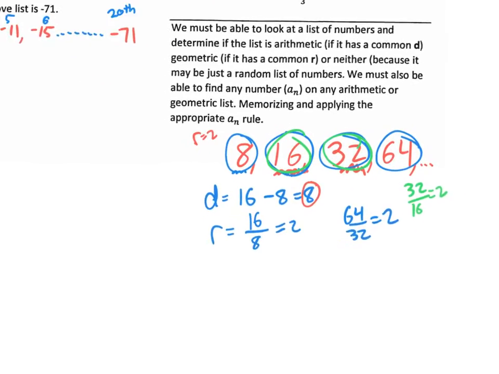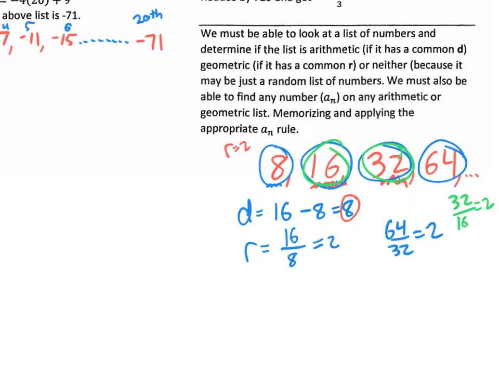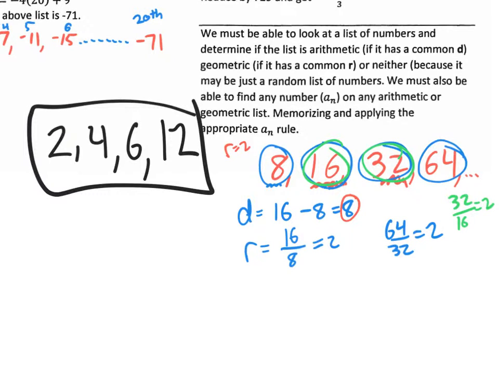Now, sometimes I might give you a totally random list of numbers that's neither arithmetic nor geometric. So, for example, is this arithmetic, geometric, or neither? Neither. Geometric?